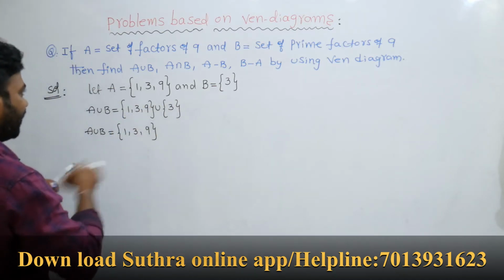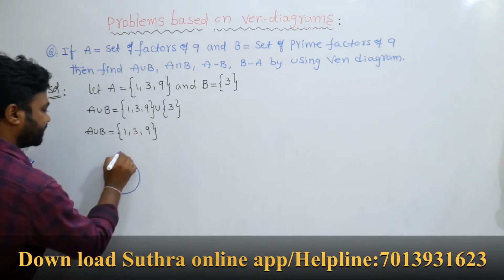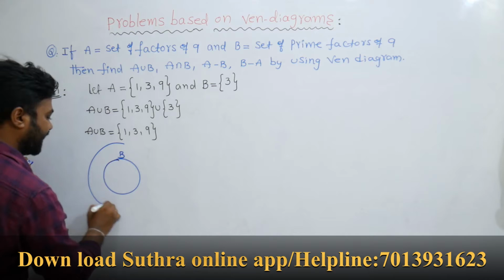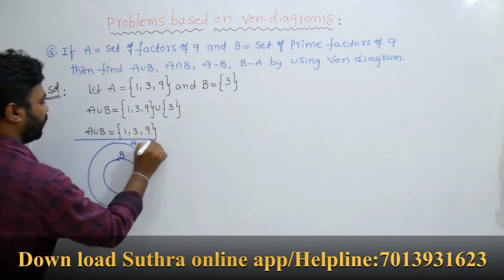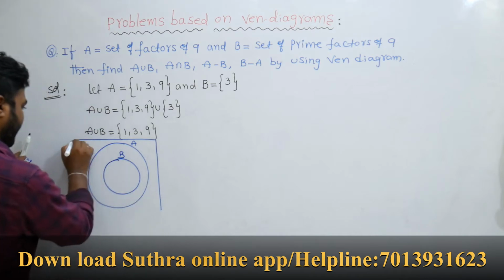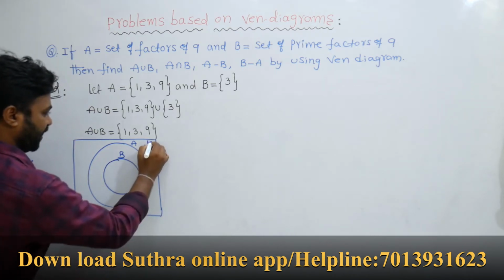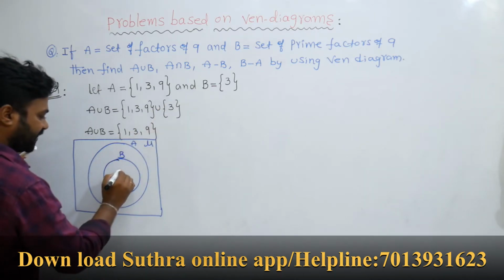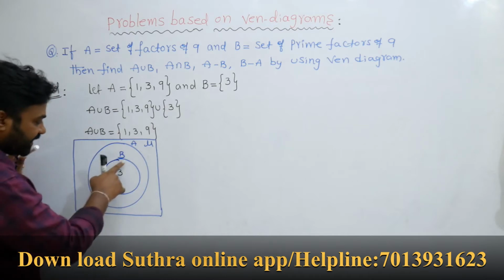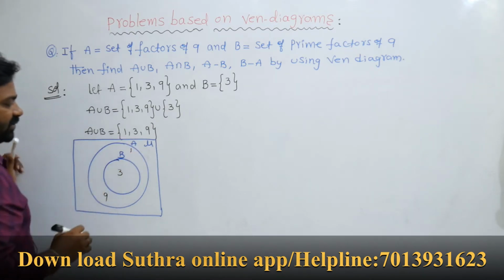Now we can draw the Venn diagram. So it is B set, and this is A set. The elements: in B set, 3. In A set, 1, 3, 9.